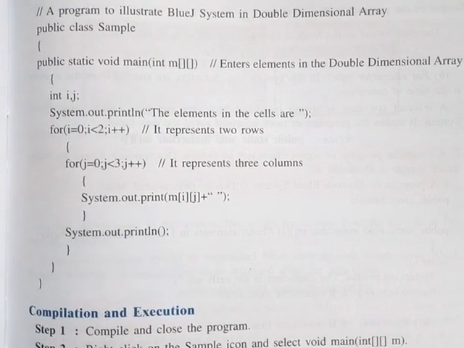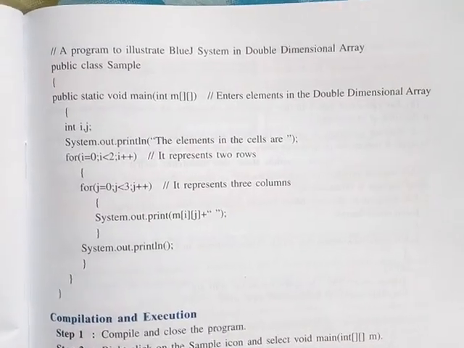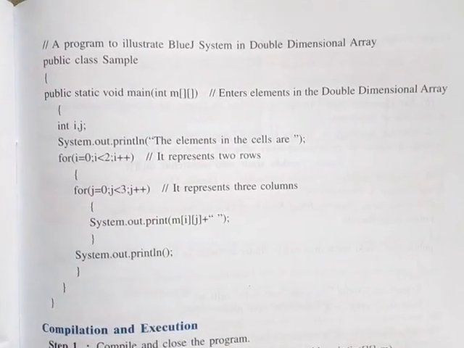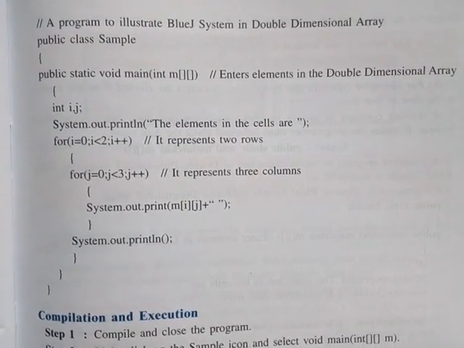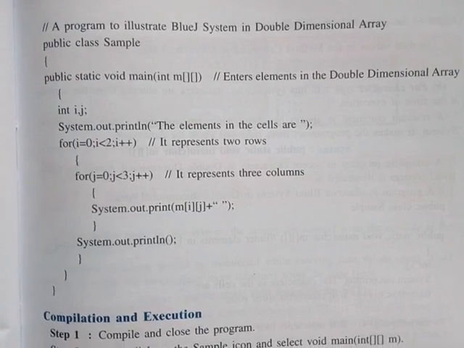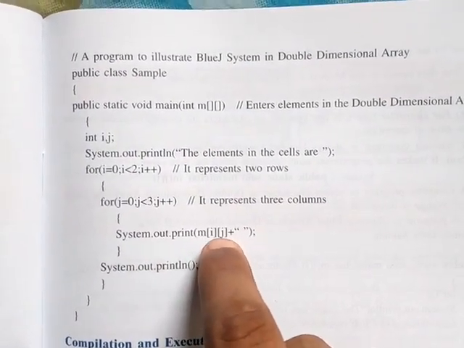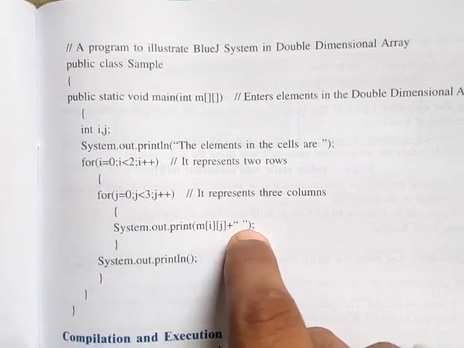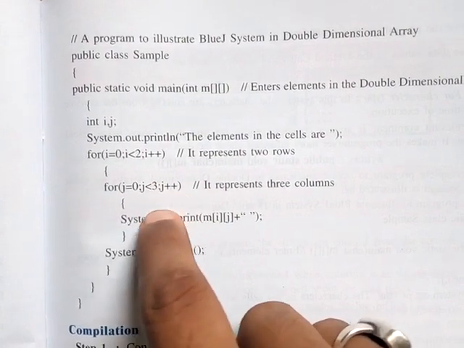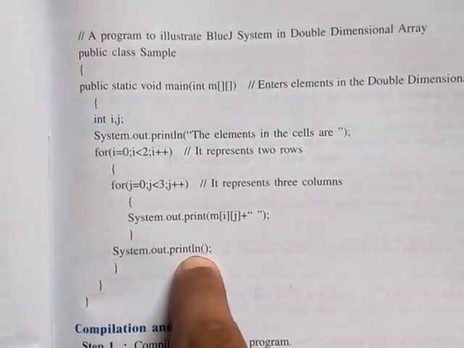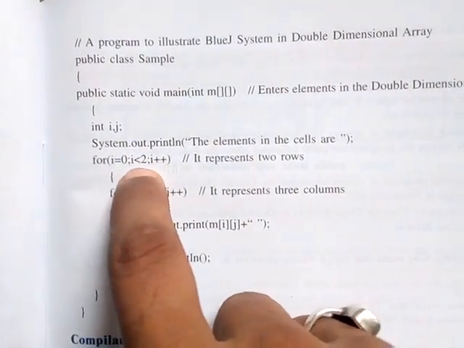So next line, int i, j variables declared, then System.out.println, the elements in the cells are. For i equal to 0, i less than 2, yes, come down, j equal to 0, j less than 3, yes, come down, then System.out.println m[i][j], it will print the 0 0 position, then a gap. Understood, students? Then it will print first, then second, then third, then control will come to the next line, and once again iteration will be there, i plus plus, the value of i will become 1.